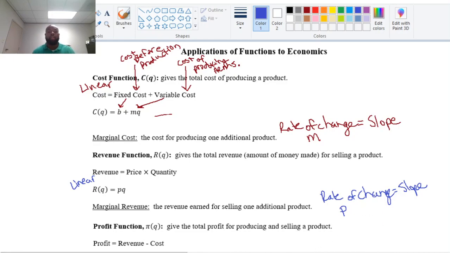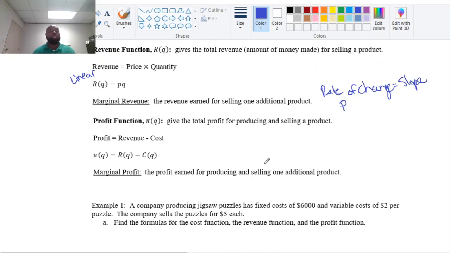Last but not least, we have profit. For profit, we use the variable pi of Q. Our input variable is Q. We call our function pi instead of using P because we already use P for price. It gives the total profit of producing and selling. Not only does a company have to produce items, but they have to sell the items.